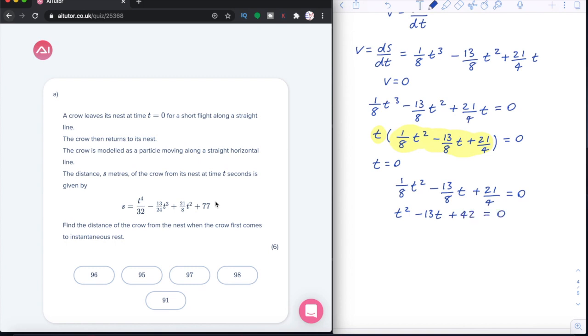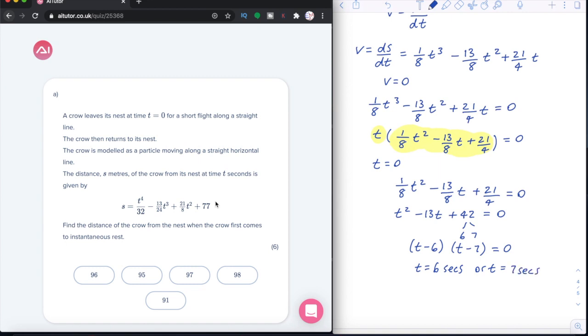Okay, so this is an easy quadratic to factorise because we know 42 has factors of 6 and 7. And then if we take the sum of minus 6 and minus 7, that's going to give us minus 13. So this will factorise to t minus 6 and t minus 7 equals 0. So that means t equals 6 seconds, or t equals 7 seconds.